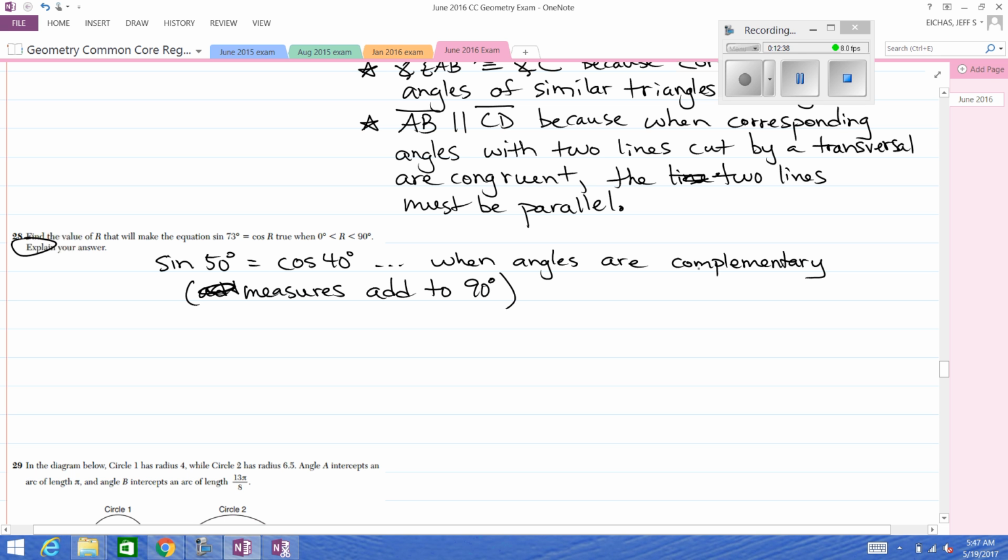Okay, so when angles are complementary, their trig cofunction values will be equal.